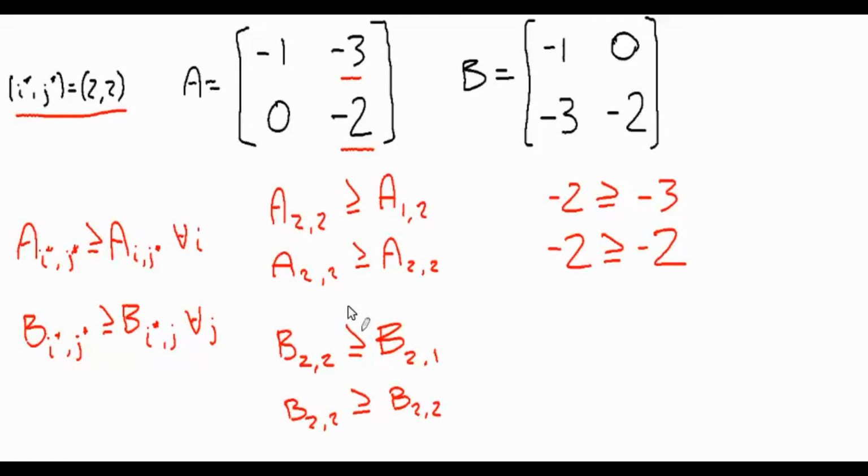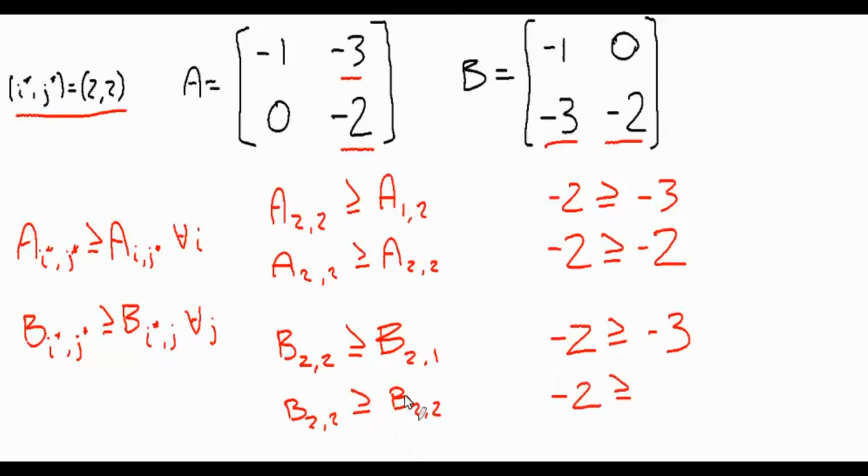Now let's do B. B 2 comma 2, if you go down to the second row, second column, you have negative 2. Negative 2 is greater than or equal to B 2 comma 1, so second row, first column, it's negative 3. And then B 2 comma 2 is negative 2 right there.